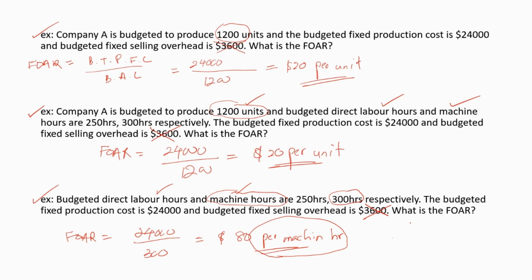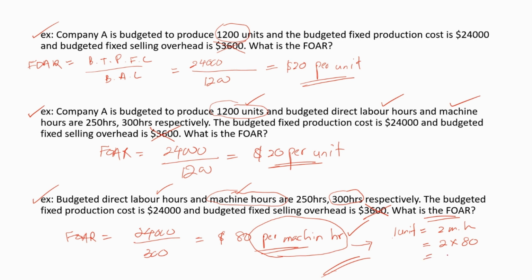Let's say the question is directly asking you to calculate the FOAR, then this answer is correct. But if you have to calculate the total production cost per unit, you have to convert this value into a per unit value. Let's say the question tells you that one unit will take 2 machine hours to produce. So we calculate the per unit value: it will take 2 machine hours, so 2 multiplied by 80. 80 is the per machine hour value, which is this value.